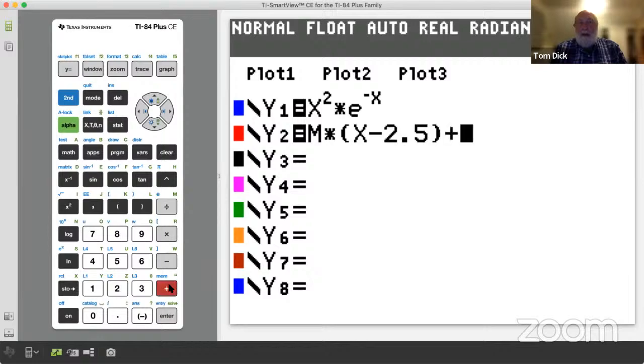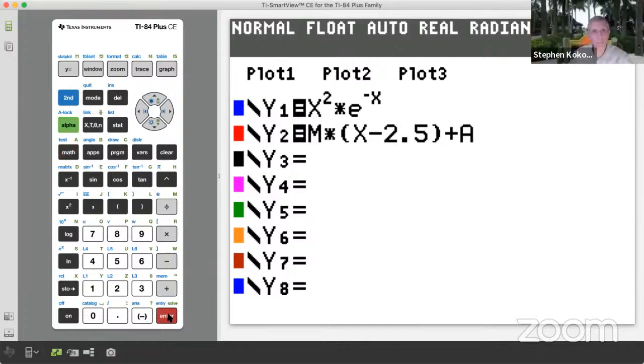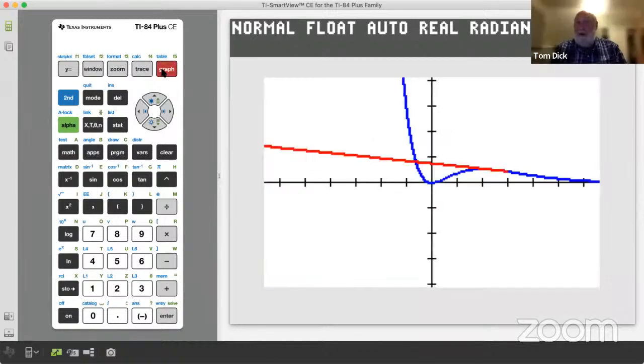And then, well, when x is 2.5, we should get that value A. Well, looking at this, if x is 2.5, that first term will be 0. So I just need to put my A here. This would be similar to what you just did with the algebra with paper and pencil. Yep, it's our tangent line. And now let's graph both together. Ah, there we go.